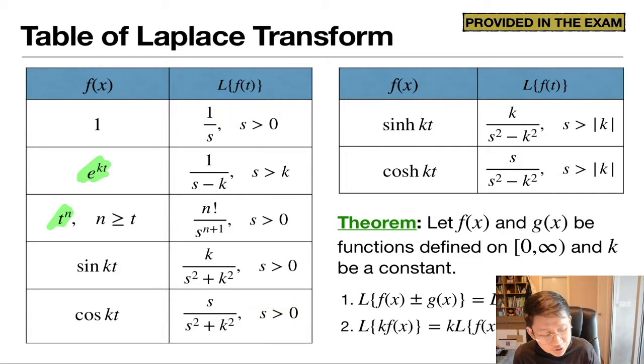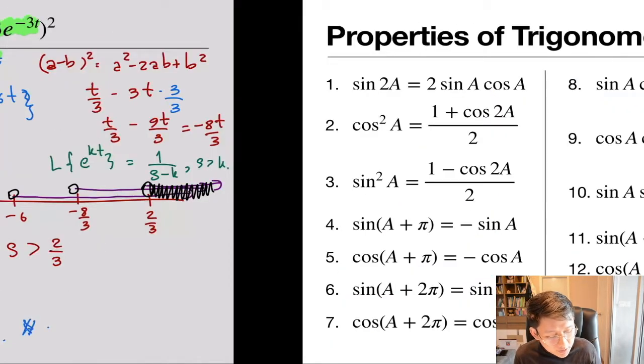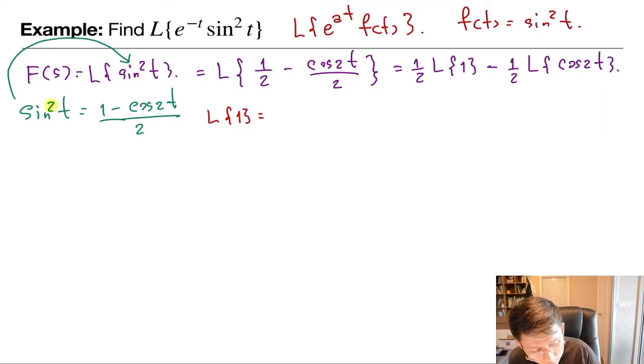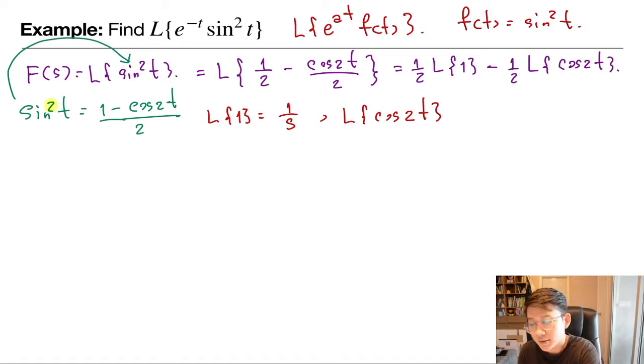So in this case, the Laplace transform of 1 is 1 over s, and for the Laplace transform of cos 2t, k is actually 2, so we have s divided by s squared plus 2 squared, which is 4.